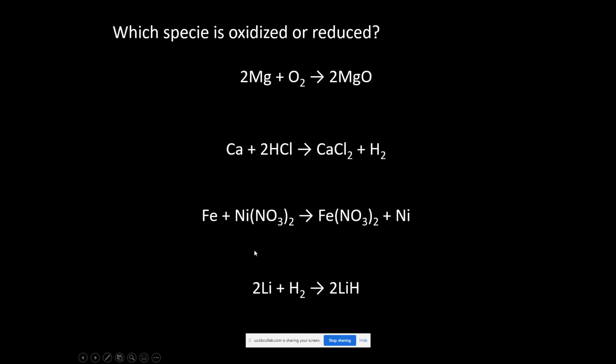And they'll be fairly simple. I won't give you something like this one where there's 1, 2, 3, 4 different atoms that you have to work out on each side, so 8 different things that you need to determine the oxidation numbers of. It'll be simpler than that, just because I don't want you to spend 10 minutes on one problem.